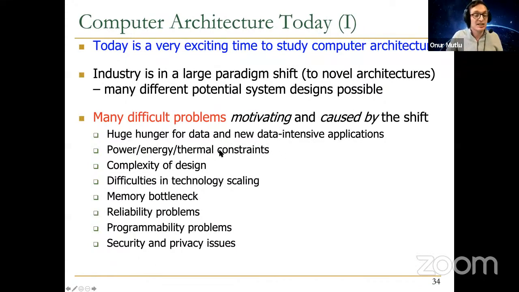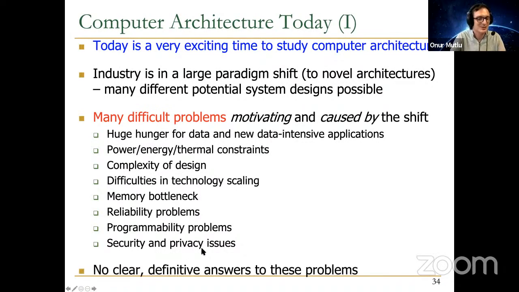Power, energy, and thermal constraints are motivating new architectures, also caused by some of these issues in technology scaling. Complexity of design can be motivating new architectures, but also be caused by problematic architectures. There are many examples of this. Difficulties in technology scaling, memory bottleneck, reliability, programmability, security, and privacy issues. I'm not going to talk over these. This slide could take a lecture by itself, of course.